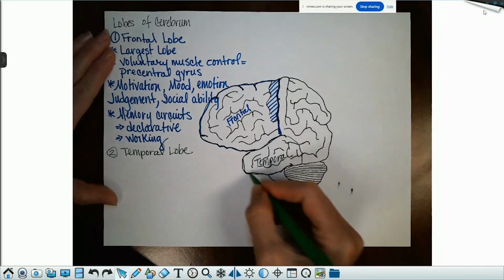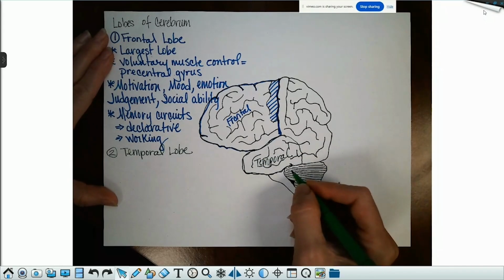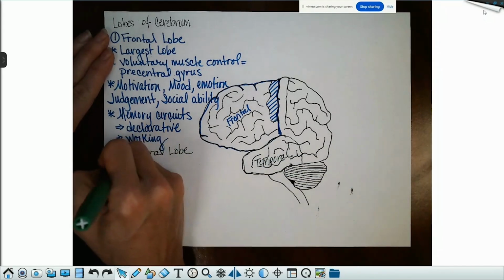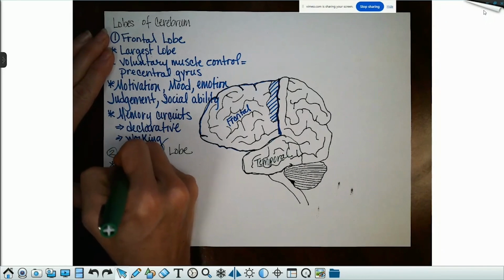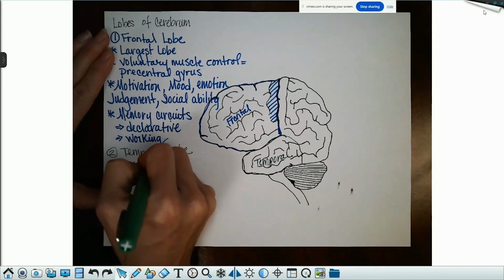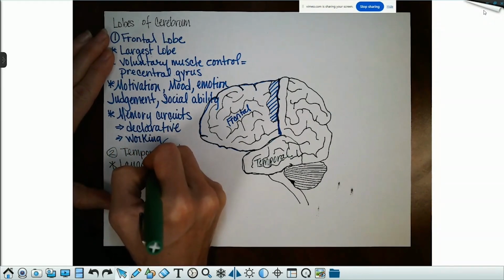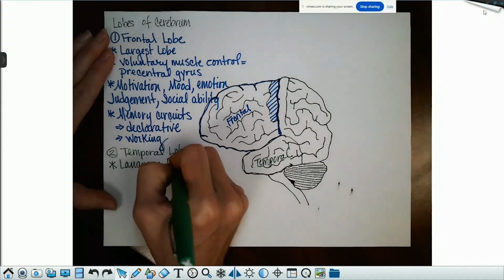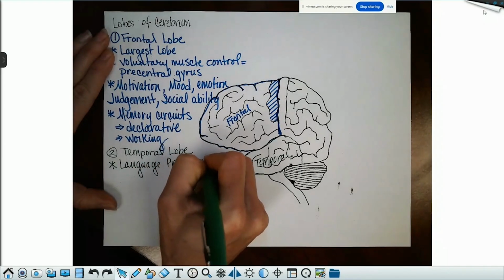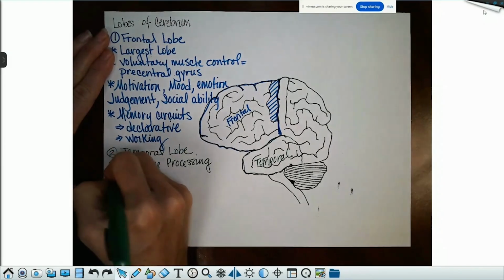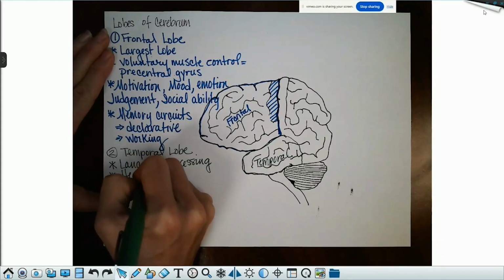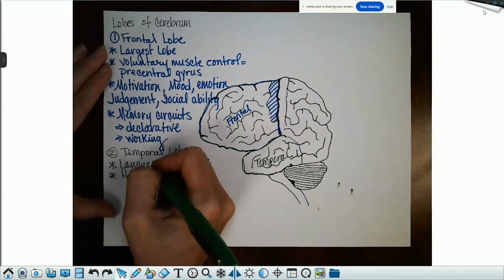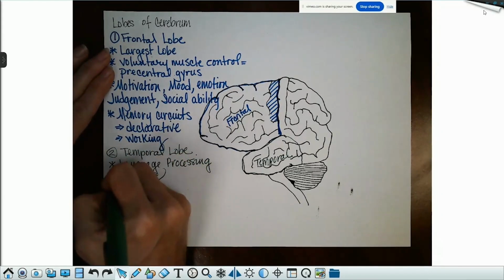But notice that it's on the side of the head, so it's closest to the ear, so it's also involved in hearing. So language processing, hearing, so processing sound, even if it's not a language-based sound.